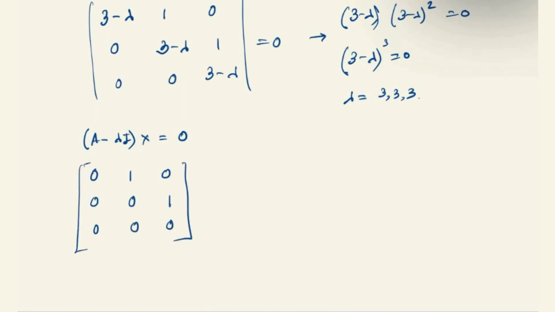Clearly, this matrix has rank less than 3, that is less than the full rank, into x1, x2, and x3 equals 0, 0, 0.